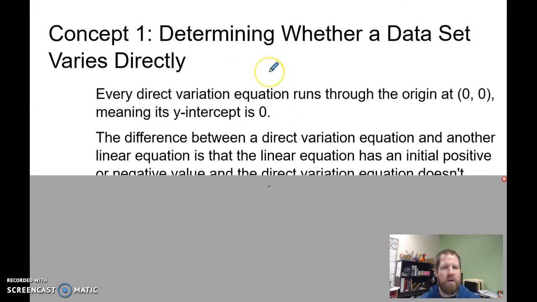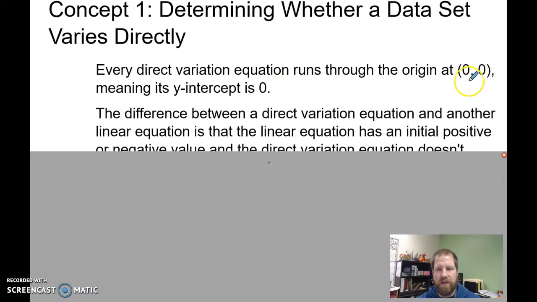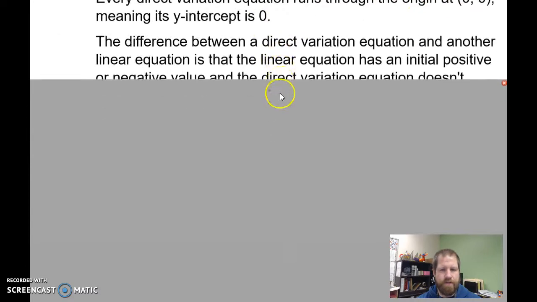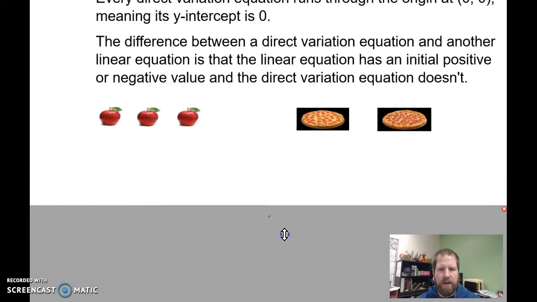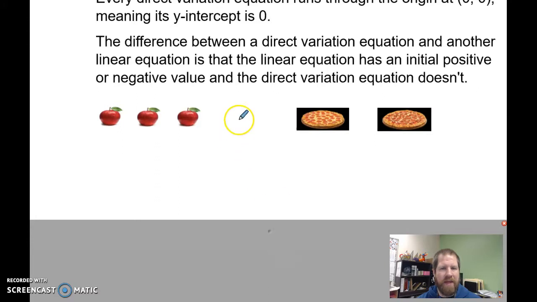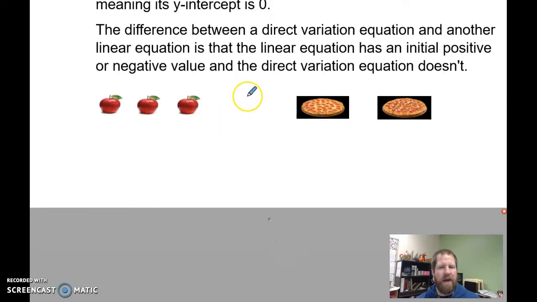So when we are looking at whether a data set is a direct variation equation, we need to once again remember that it goes through the origin and its y-intercept is 0. For a normal linear equation, we have an initial positive or negative value that a direct variation equation doesn't.